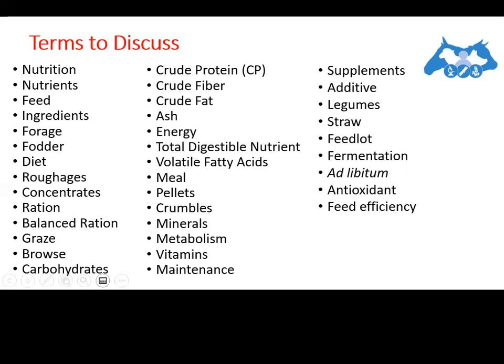This whole process is known as metabolism. Vitamins, complex organic compounds which are required in minute amounts that function as part of the enzyme system, essential for the transformation of energy and regulation of metabolism of the body.